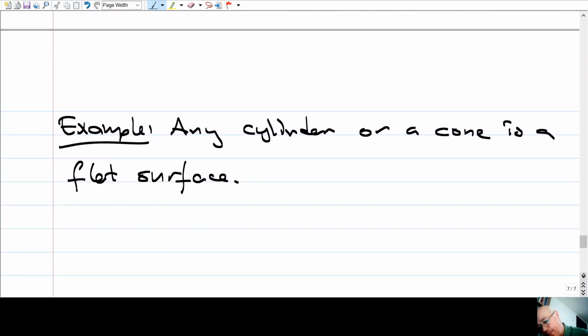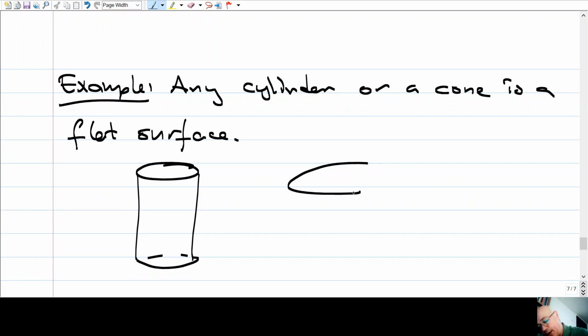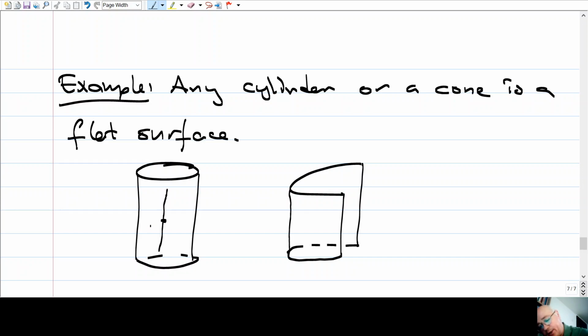Why is that? Well, you see, if you have a cylinder, it doesn't matter whether it's a circular cylinder or a parabolic cylinder like this. If you choose any point here, there is a line going through this point.